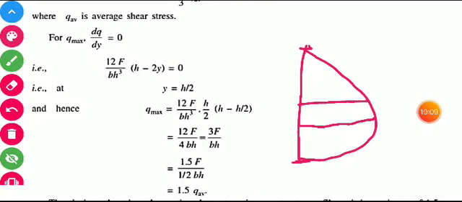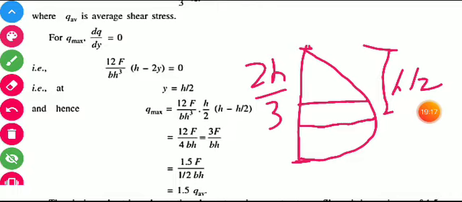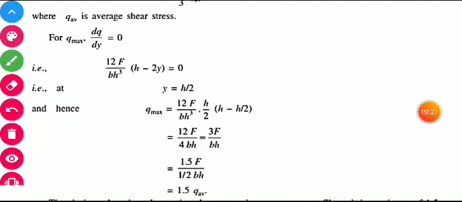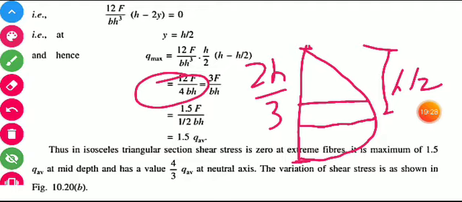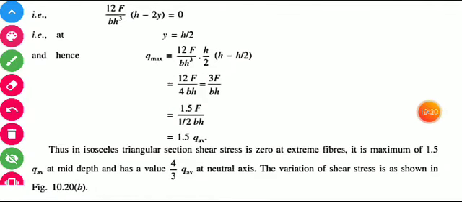That's why we put this value: this is 2h by 3 and this is h by 2. This value is derived from this maximization. So put y equal to h by 2. You found that tau maximum will be equal to 1.5 times the tau average.